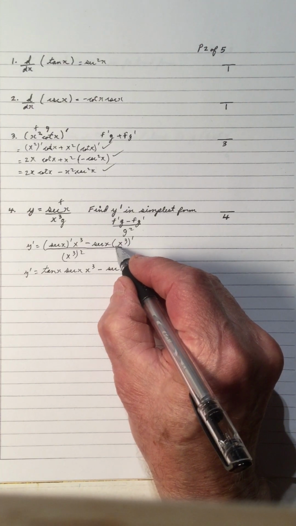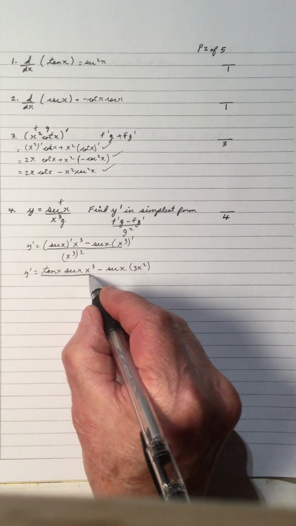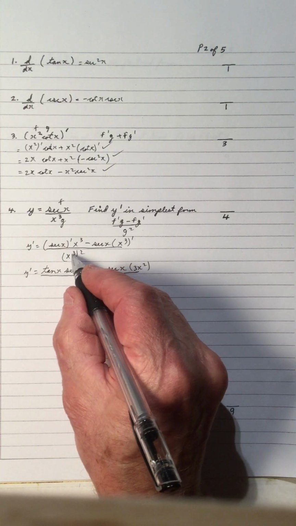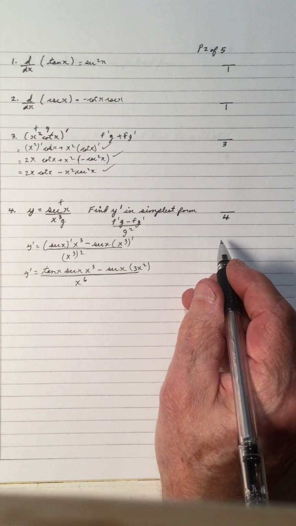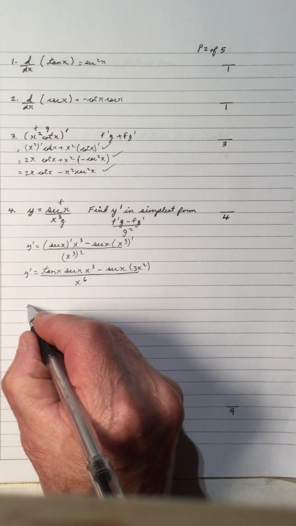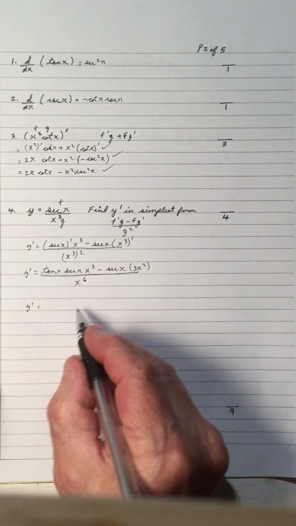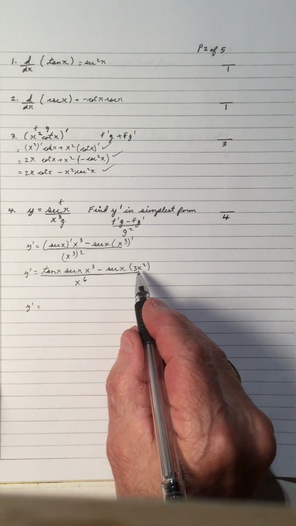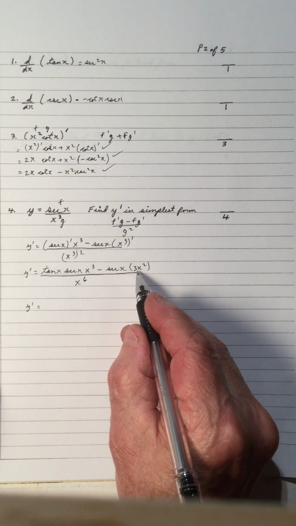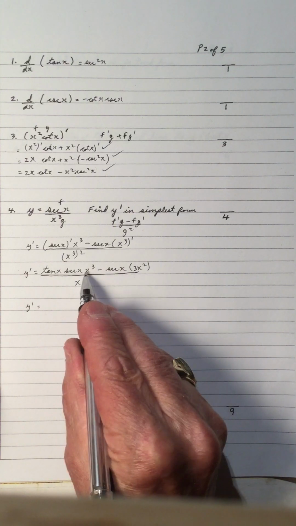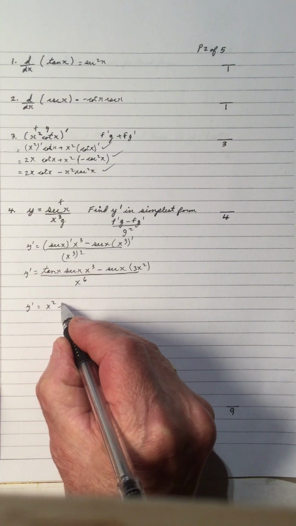Again, the 1 is right here, 1 times 3 is 3, decrease the power by 1, all over x cubed squared. Power of a power, we multiply, to get 6. And we said we had to simplify this. Notice we have an x squared here. We have x common and secant common, so take out x squared secant x.